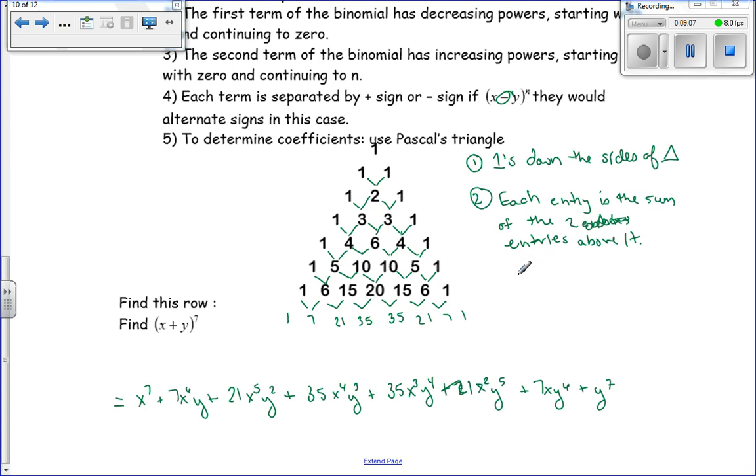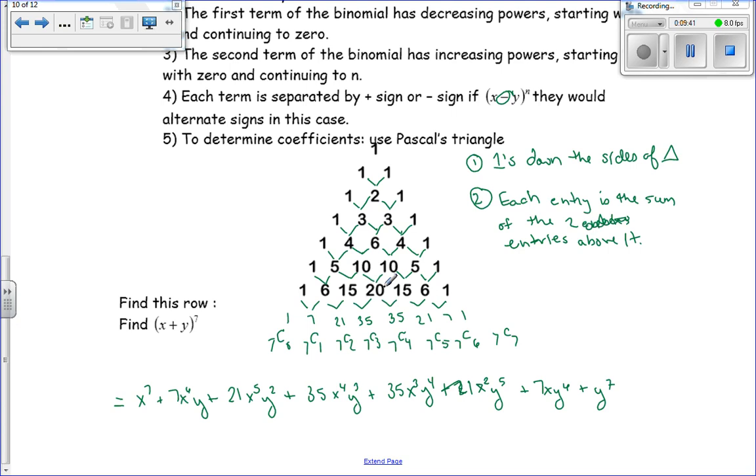Now, there is one more thing that Pascal's triangle is related to that we really kind of need to know. And this is 7C0, 7C1, 7C2, 7C3, 7C4, 7C5, 7C6, and 7C7.